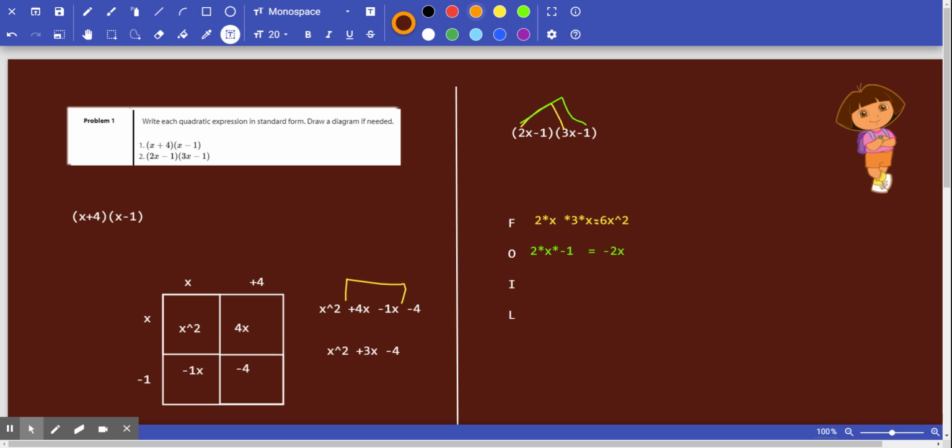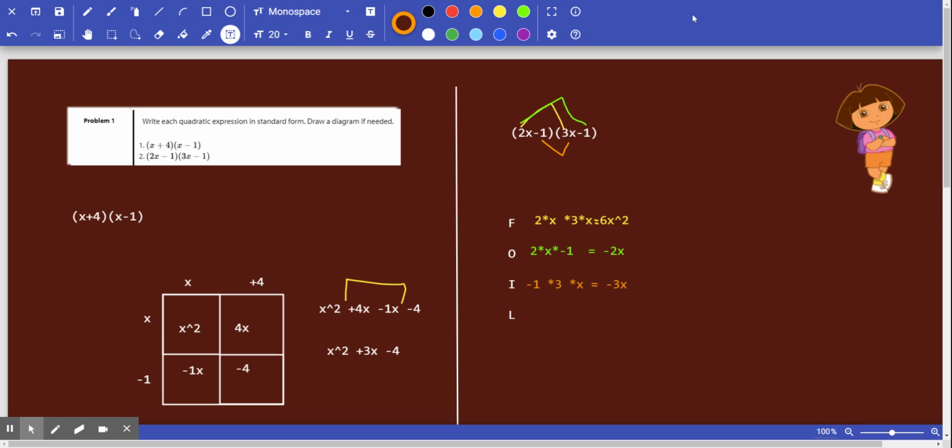We're going to do the inners. Dora? That's right. The inner is -1 times 3x. So -1 times 3 times x. We can multiply the two numbers together, so we end up with -3x.